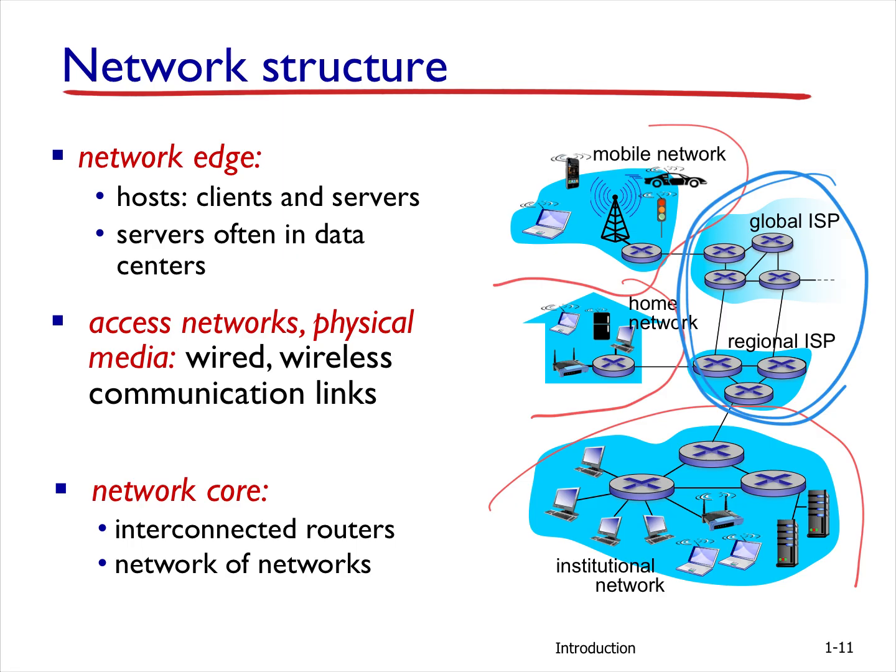Now for the edge network, sometimes they also give it the name access network. In that case, they are referring to that it allows you to access the internet or to access the core through that edge, right? And when they talk about access networks, they focus on the physical connectivity or the physical media connecting things together.